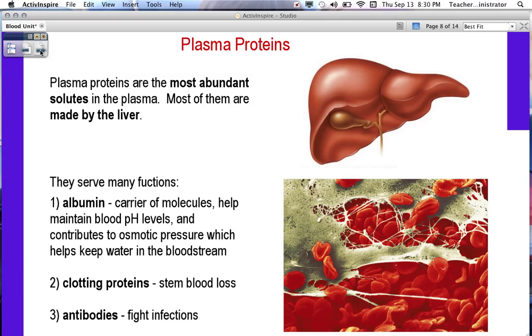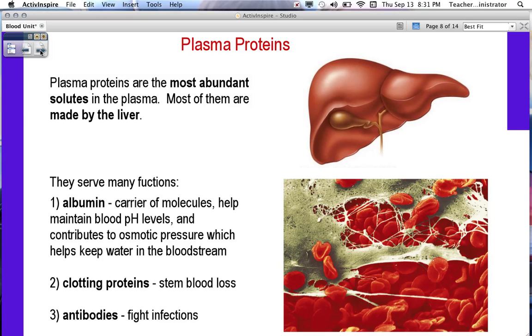Plasma proteins are the most abundant solutes, remember, or solid particles that are found in plasma. They are mostly made by your liver, and they have lots of different functions, and there's lots of different types of plasma proteins. So we're just going to look at 3 of them. One of them is called albumin, and it is a carrier molecule. It will carry other molecules throughout the blood.